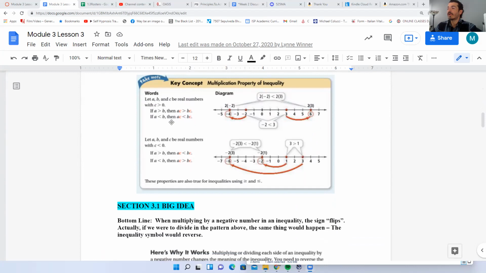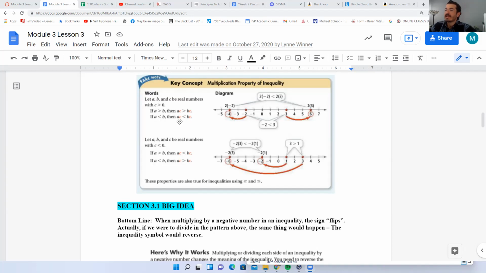If A is greater than B, I guess in this case they're saying A is 3 and B is -2, then A times C is greater than B times C. In this case, C, which is greater than 0, is 2, and the inequality didn't change.